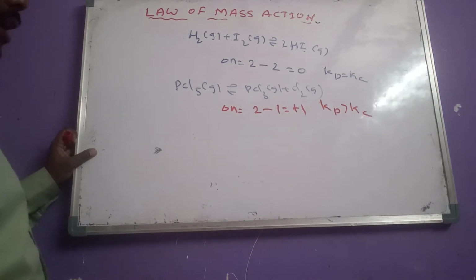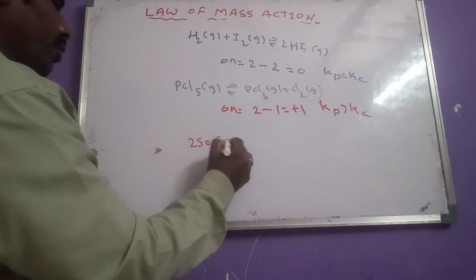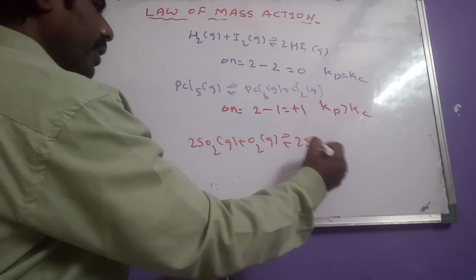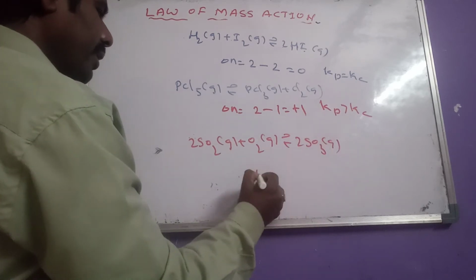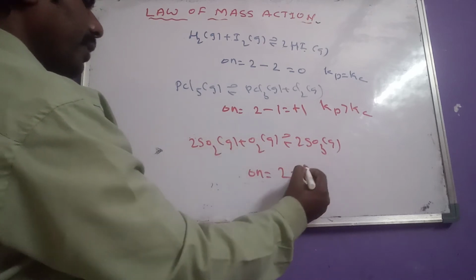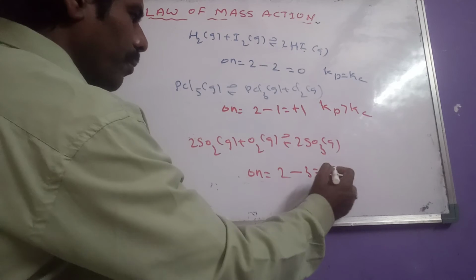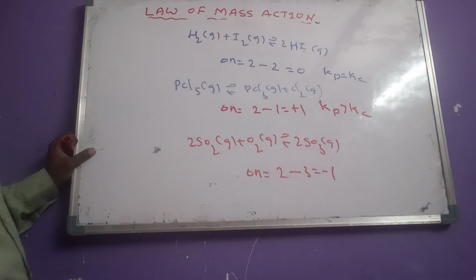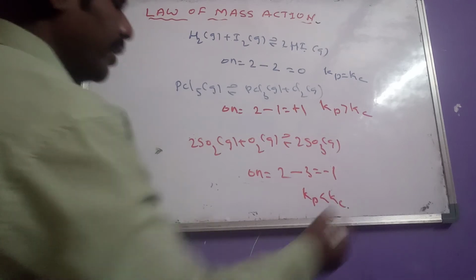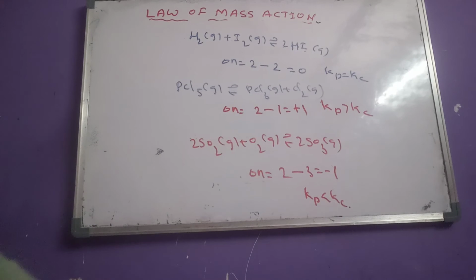And the next equation: 2SO2 gas plus O2 gas gives 2SO3 gas. Here 2 gaseous products minus 3 gaseous reactants, so delta N is minus 1. As delta N is negative, Kp is less than Kc, or we can say Kc is greater than Kp.